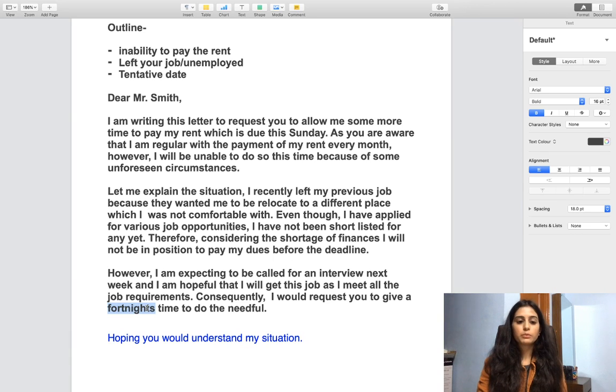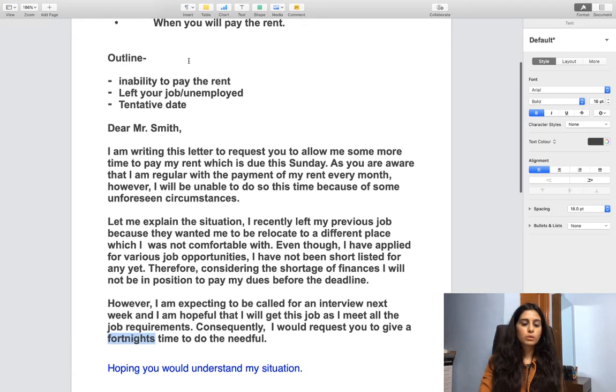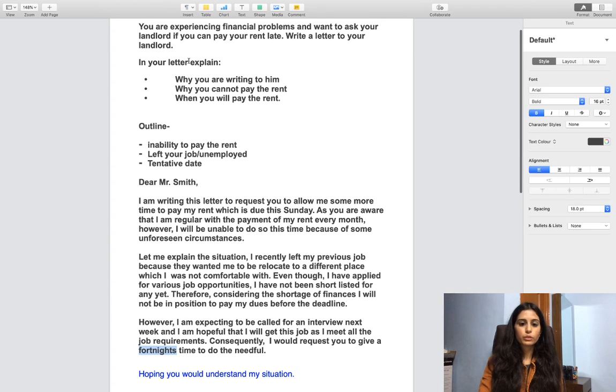So you're requesting them to give you 15 days time to arrange for the money. So you can also write arrange for funds or arrange for the money. By the time you'll also get the result of your interview. So this is how you have to write. And let's go back. So this was your letter. Just have a look at it. If you want to take a screenshot, you can do that as well.